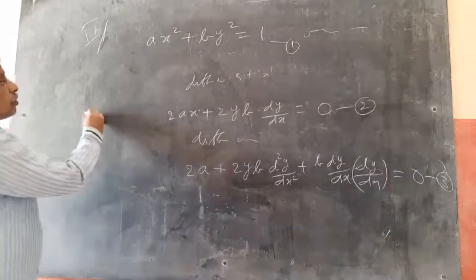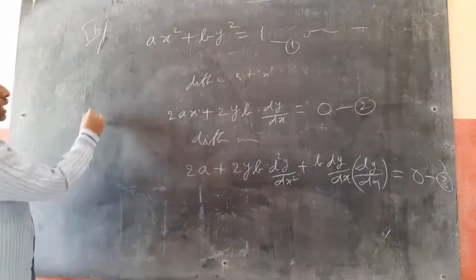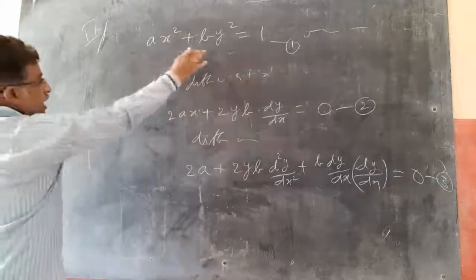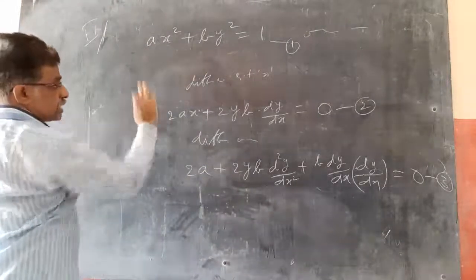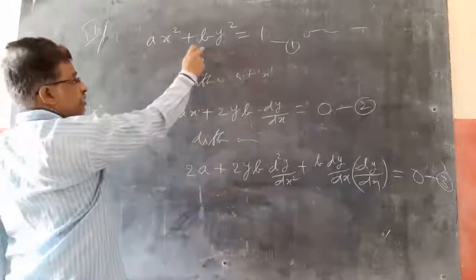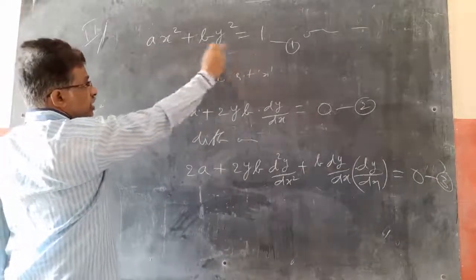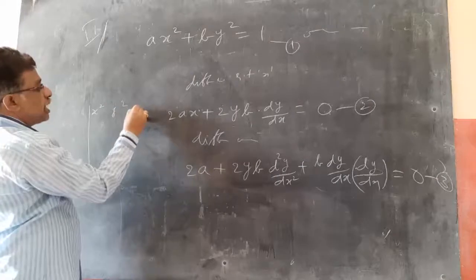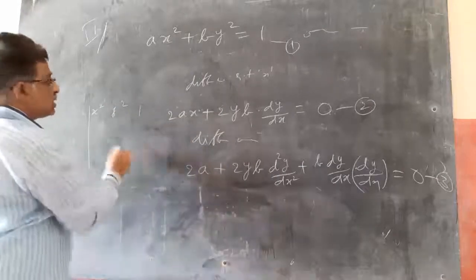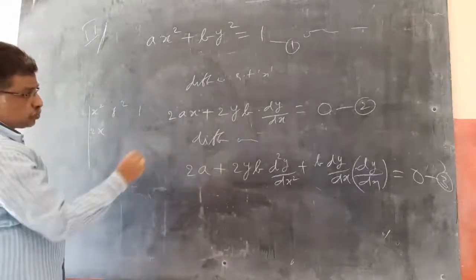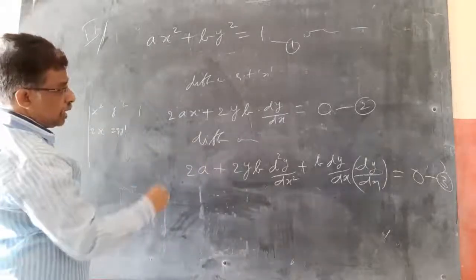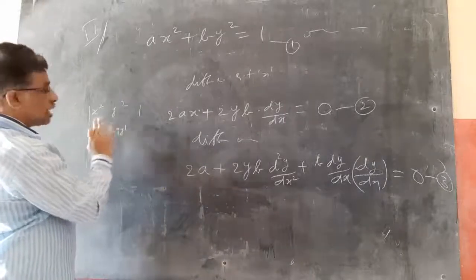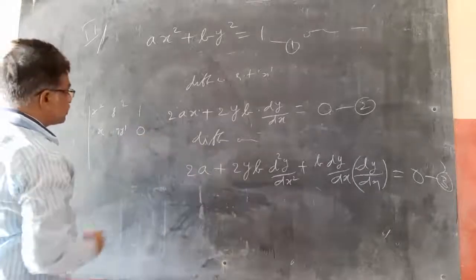So what do I get? a and b are actually the constants, but I am taking them as the variables. So this is the equation in terms of a and b. It becomes x square, y square, 1. And this is 2x, 2y y dash, meaning I can take 2 common also, so 1, y dash, 0.